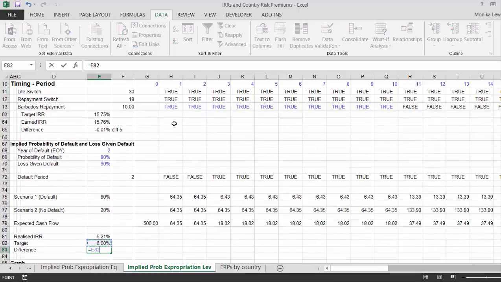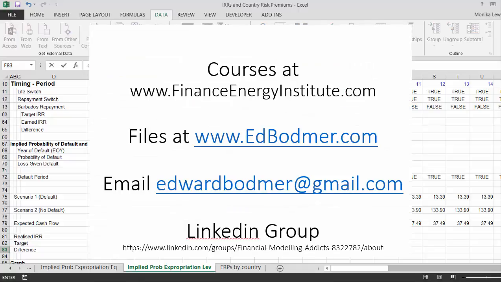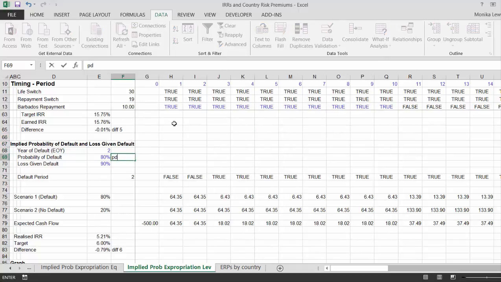Our IRR is just this one, and let's call this 3.6, and let's call this PB1. Okay.